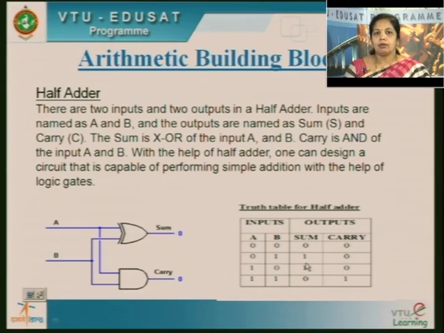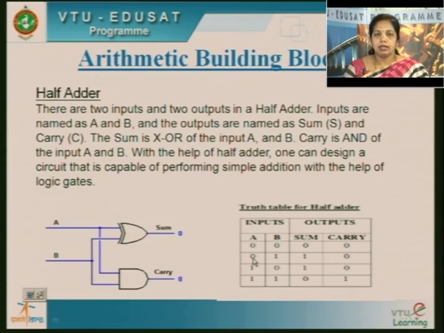While seeing this output, I write a logic equation wherever the output is 1. For the sum, the logic equation is A complement B plus A B complement. So I will be getting an equation with 2 terms.